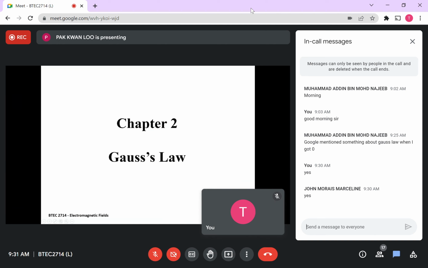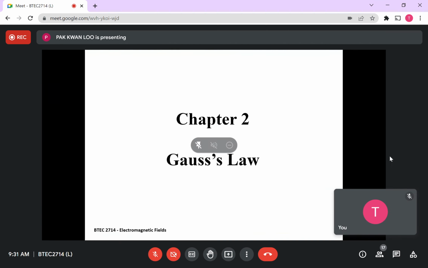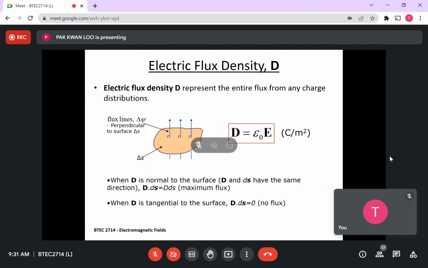Okay, so here we will learn Gauss law, chapter 2. Before we look into the concept of Gauss law, first we will learn some new definitions.